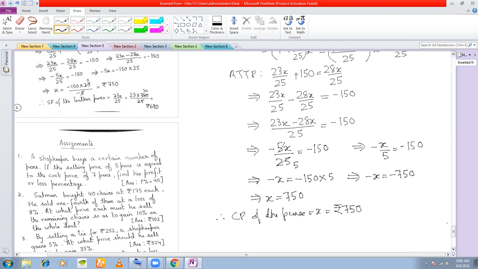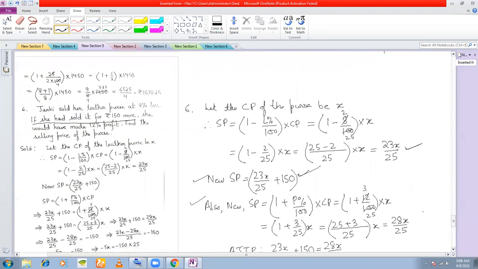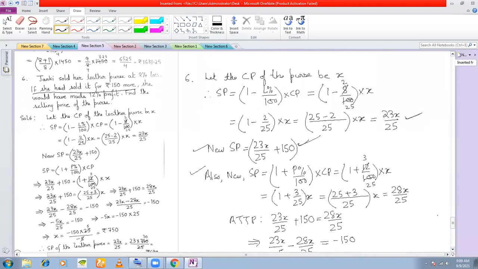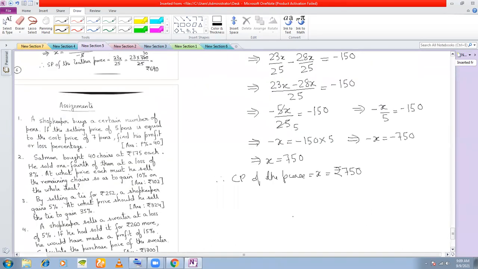And they have asked you what is the selling price of the purse, right? Find the selling price of the purse. So what should be the selling price? You can either put it here or you can also put it here. Remember, you can put it in either of the two.